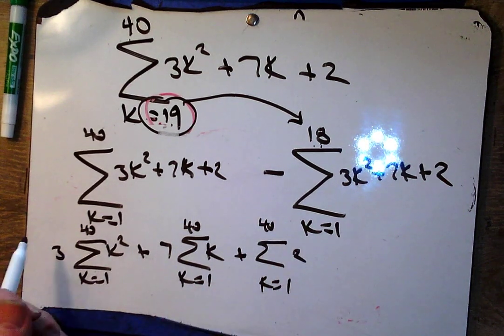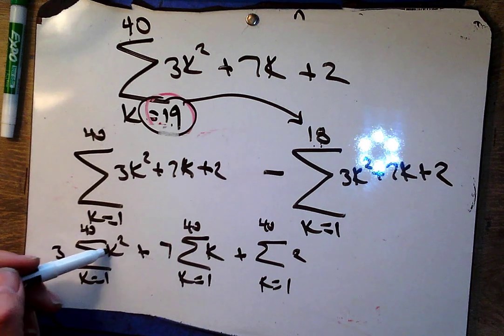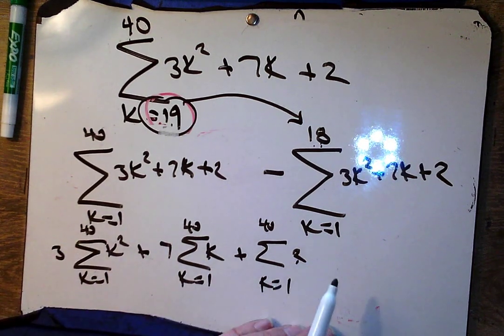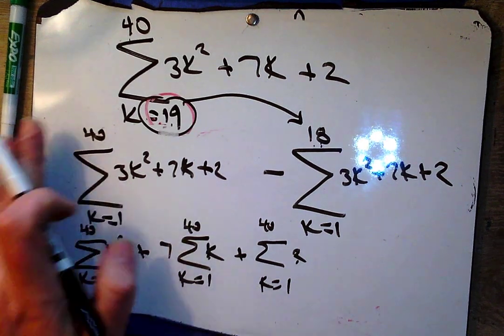And now I'm going to use the shortcuts for each of those. Remember your k squared shortcut, remember your k shortcut, remember your shortcut for a constant. So what's that going to look like?